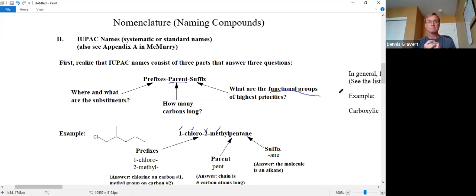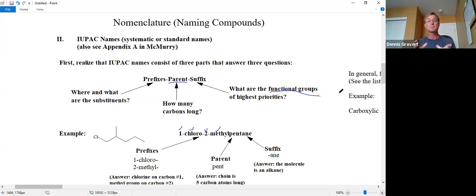And we assign it a name, and it begins with those 10 alkane names we had to memorize. Yep, we're going to use them. So methane, ethane, propane, butane, Mabel eats peanut butter. And then pentane, hexane, heptane, octane, nonane, and decane, like a decade. So you still have to remember those 10.